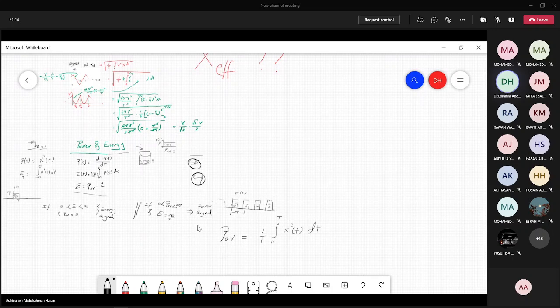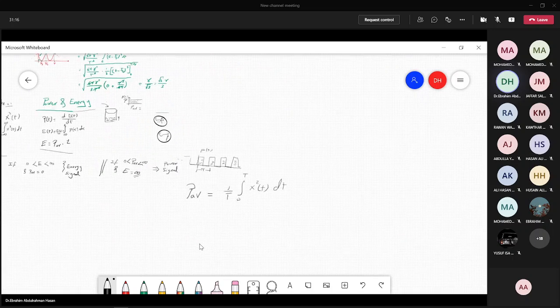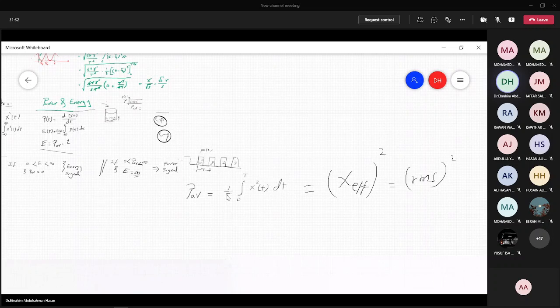So P average is equal to x effective, the root mean square value squared. It is similar, just that now I don't have a root here.